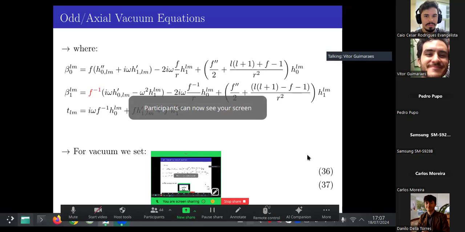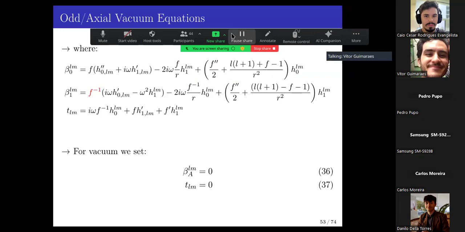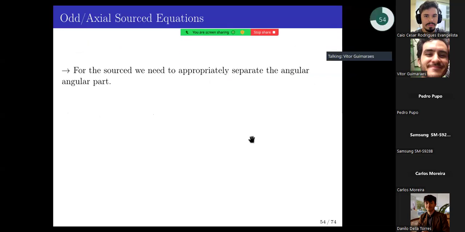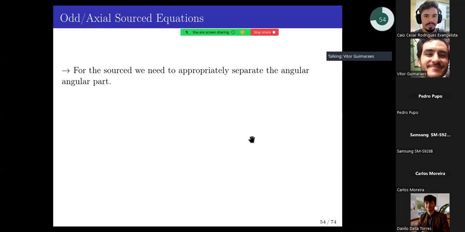So okay, if there's no problem so far, I will proceed. For the source version of the Einstein equations, we need to appropriately separate the angular parts. To do so, we need to make use of the orthogonality properties.